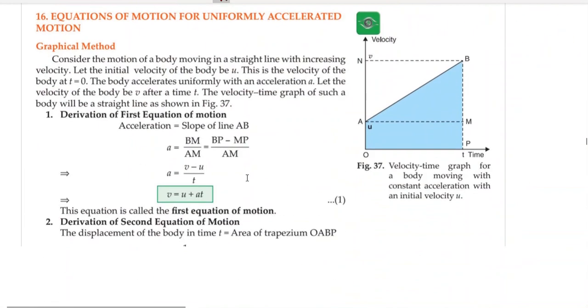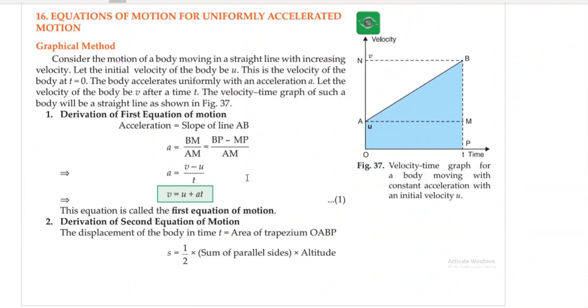Okay, let's go and start with the next part. So today we are going to derive equations of motion for uniformly accelerated motion. So this is your first derivation of your life, and you are going to do this derivation with two methods. First, graphical method, and the second one is algebraic method.